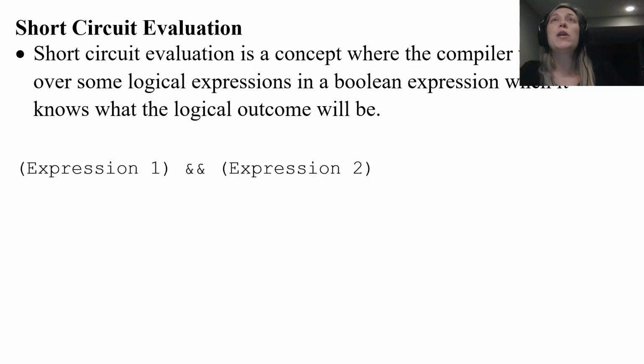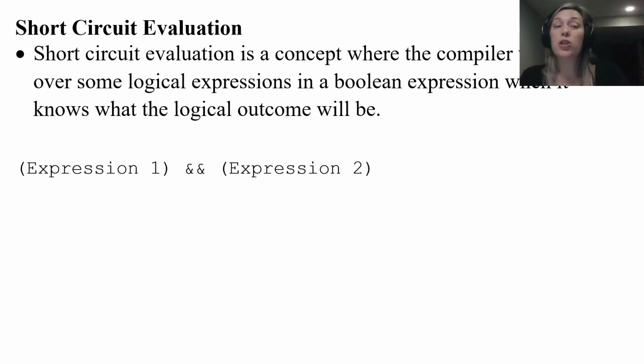So how do we know what a logical outcome will be without evaluating the whole thing? Well, we just talked about the Boolean operator AND, okay? It compares two expressions or two Boolean values. So let's say I have an expression that comes first, expression 1, and let's say that expression 1, when it's evaluated first, it determines that it's false, okay?